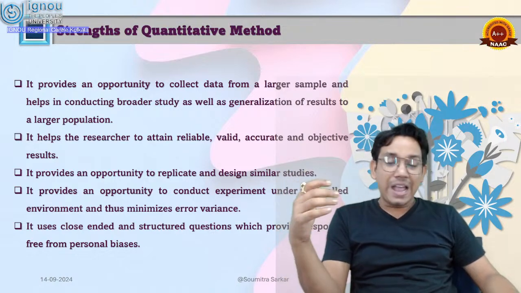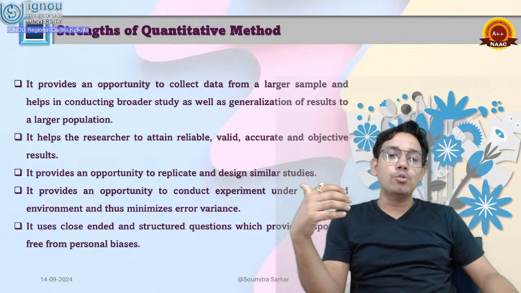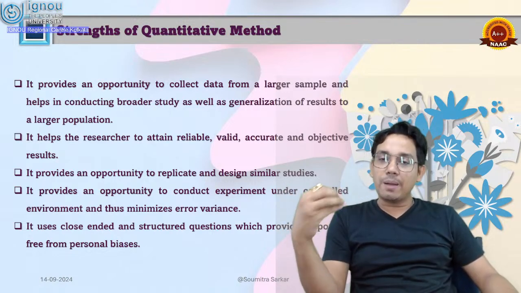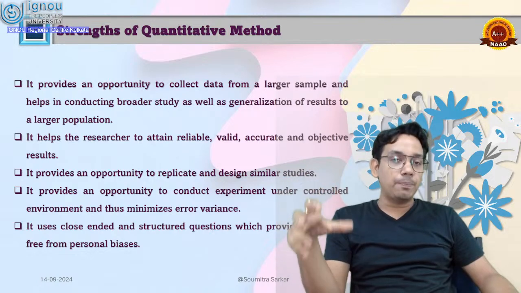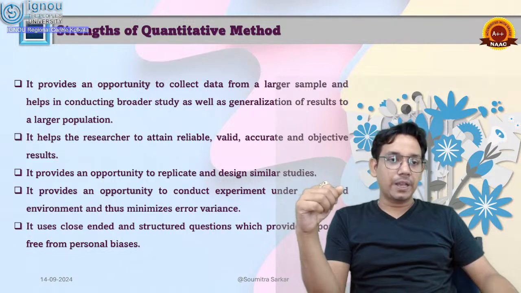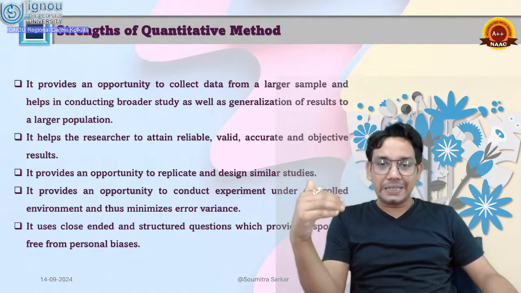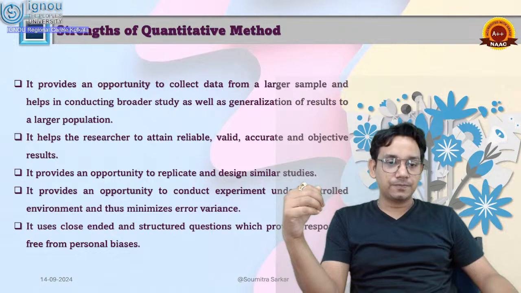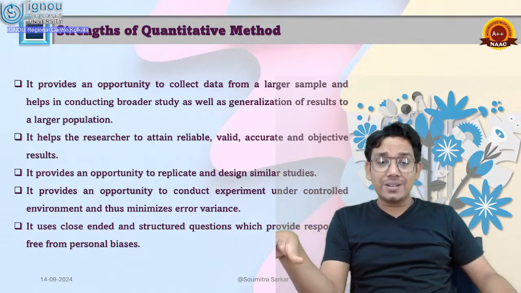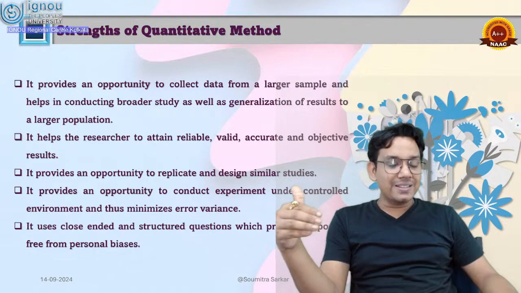When we have larger samples and most of the samples are numerically oriented, then we need to apply the quantitative method. It will help us gather maximum output and provide better data orientation, as well as help in conducting a broader study and generalizing the result.